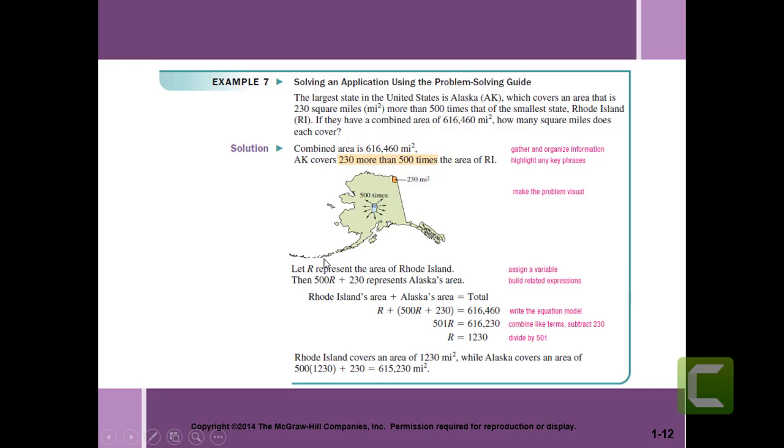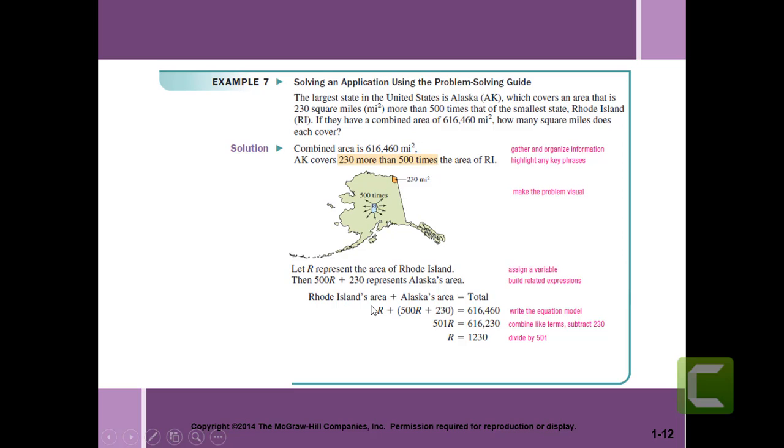So what we do is we let R represent the area of Rhode Island. Then we let 500 times the area of Rhode Island plus 230 represent the area of Alaska. Then we know that the area of Rhode Island plus the area of Alaska has to equal the total, which is up here.